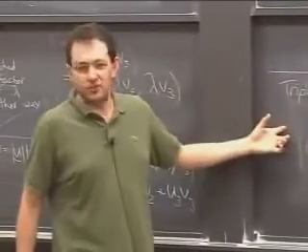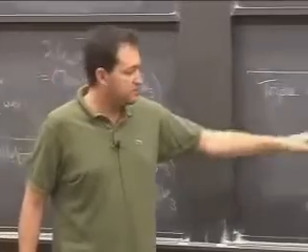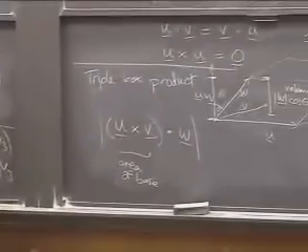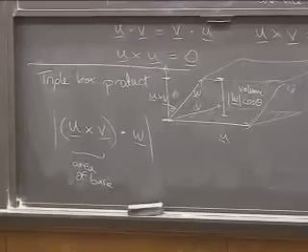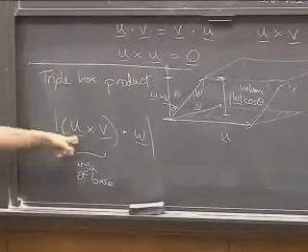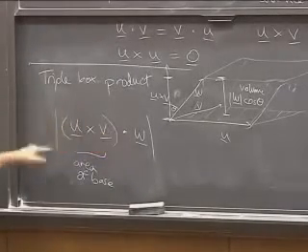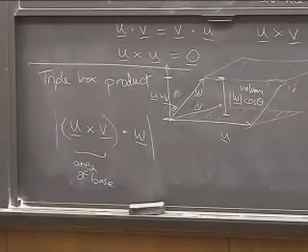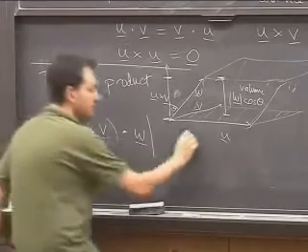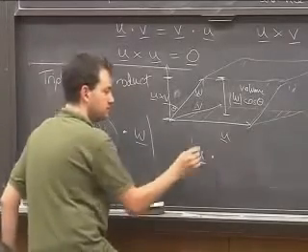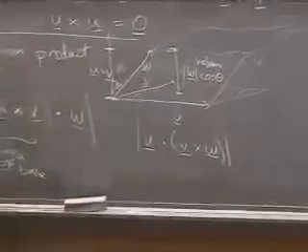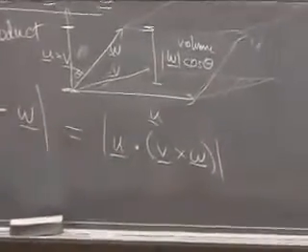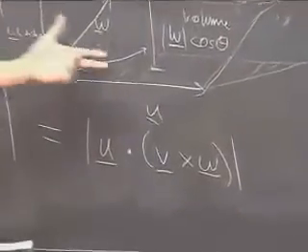Now, because this represents a volume, there must be some sort of symmetry here. So actually, it doesn't really matter which order you write the thing in. You could write it as V cross U dot W, as long as you take the absolute values. Or you could write this as U dot V cross W. That's got to be the same thing, because it's the same volume.